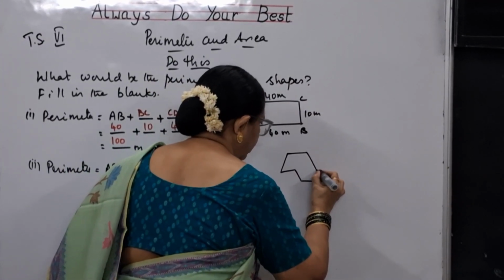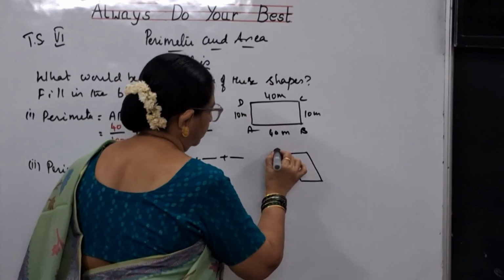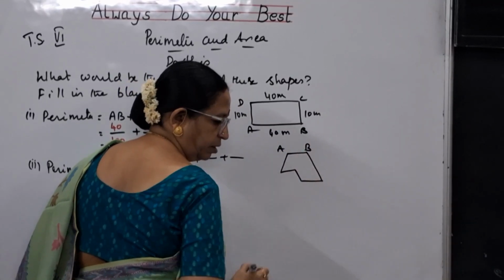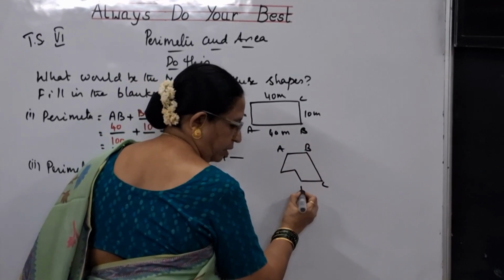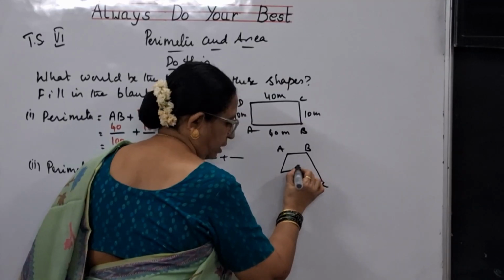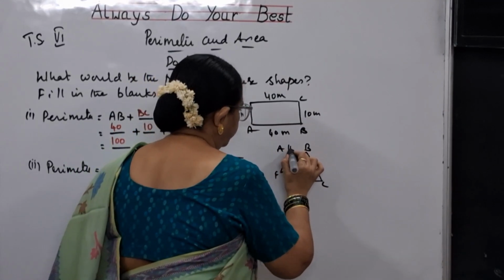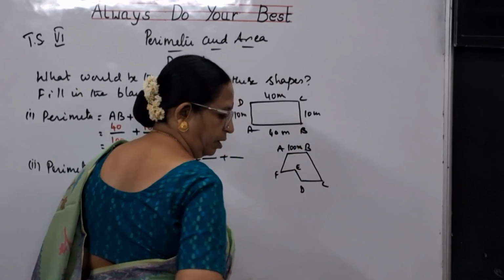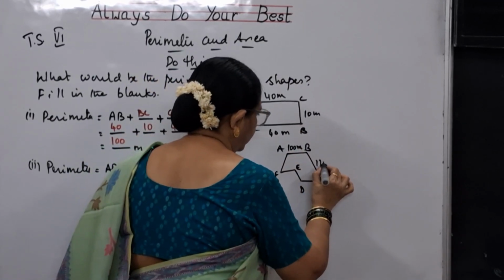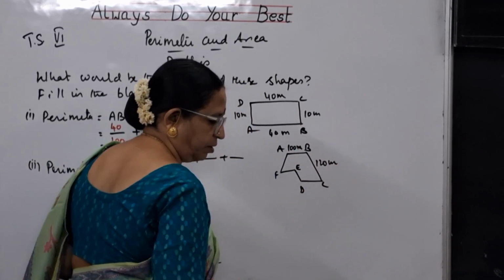This is AB, C, D, E, F. So AB is 100 meters and BC is 120 meters.